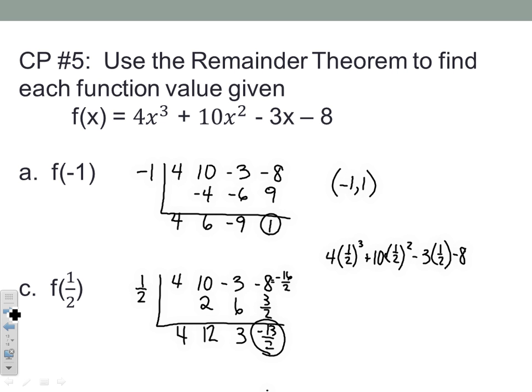Now, 4 times 1/2 cubed will be 4 times 1/8. 1/2 squared is 1/4. And then negative 3 times a half is negative 3/2, and then we still have the negative 8 at the end. 4 times 1/8 is 1/2. 10 times 1/4 is 5/2.